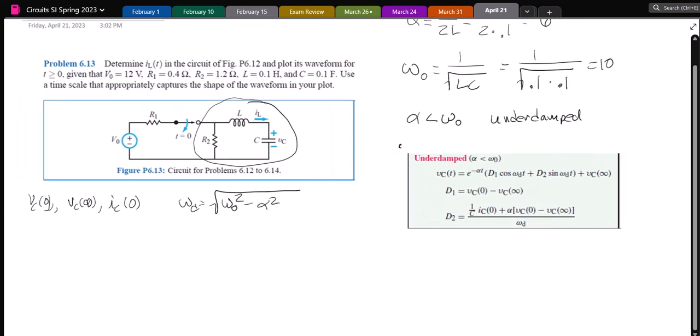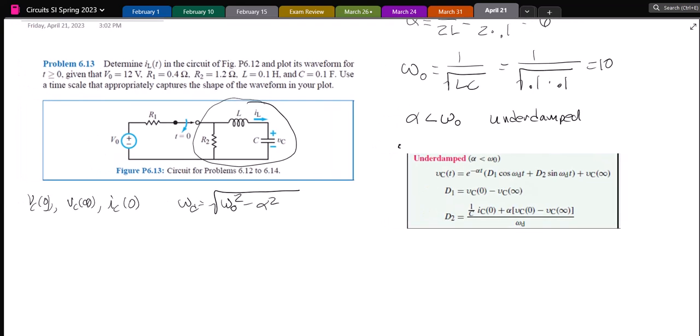Okay, so let's start by finding these things over here, and you always start by looking at 0 minus. Even though you don't always need both of them, you should always go ahead and find both at 0 minus.